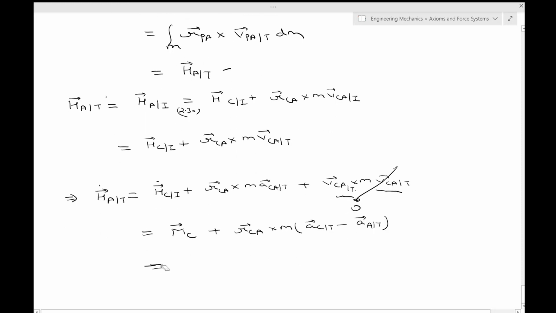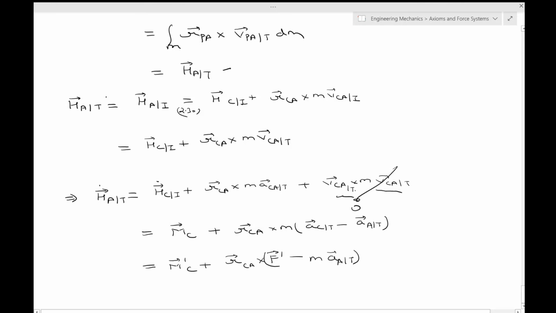Okay, so now we want to write this in terms of the augmented systems. So M dash C is plus RCA cross F dash minus m a by t.